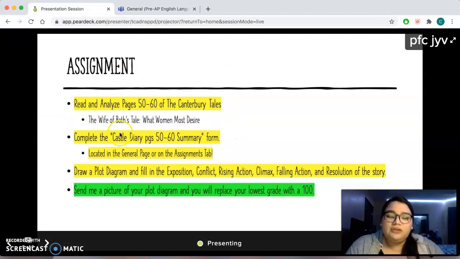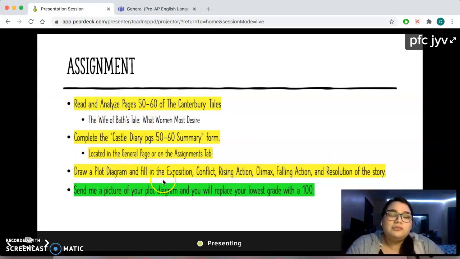So after you're done with that, well, is that it? It's up to you, right? I do give you the option to draw the plot diagram and fill in the exposition, conflict, rising action, climax, falling action, and resolution based on the Wife of Bath's Tale, right? So what happened in that story that you can fill out the plot diagram?